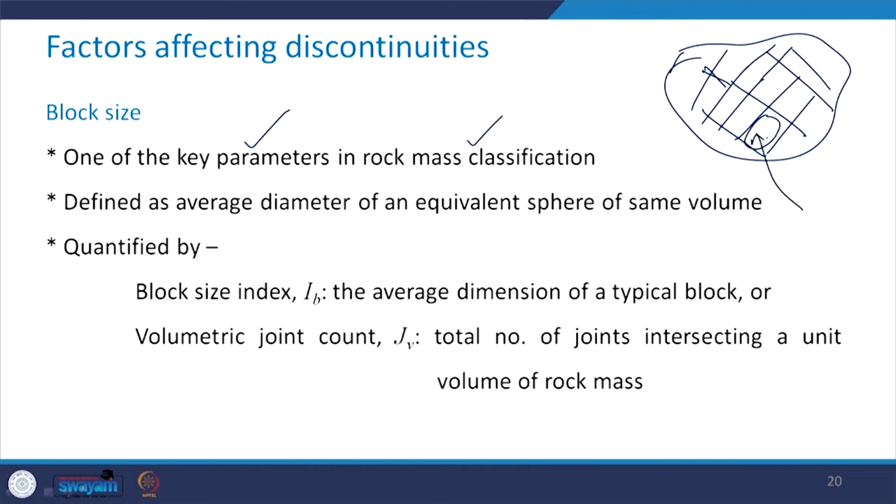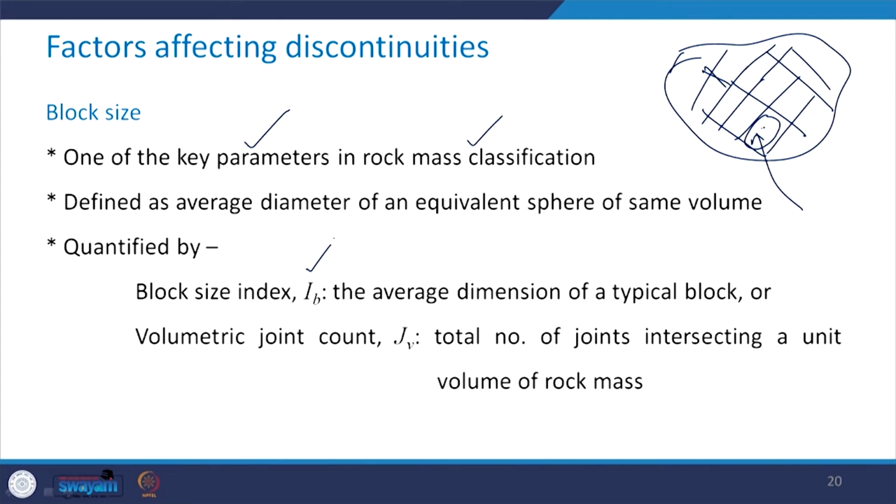The average diameter of that equivalent sphere is going to give me the block size for this block. Now, this block size is quantified by block size index IB, which is the average dimension of a typical block.